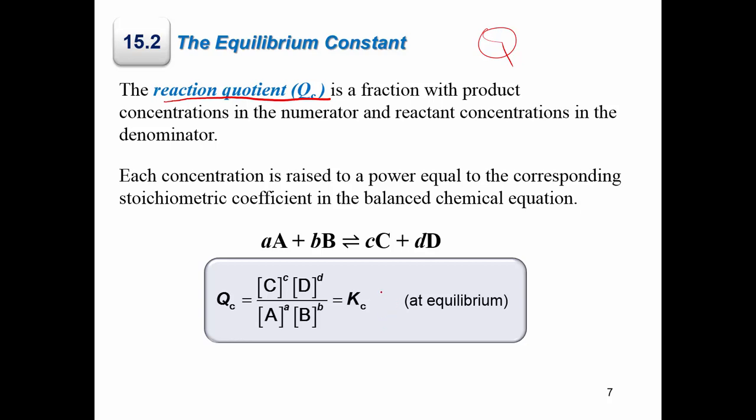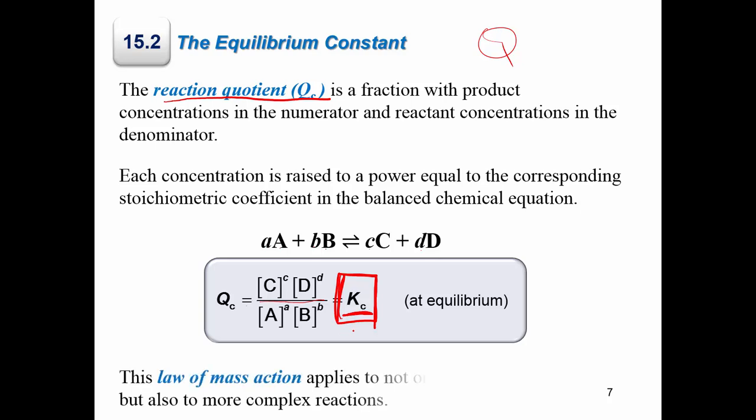All of those words mean our Q, our reaction quotient, will be equal to the concentration of each of our products raised to the power of its coefficient, divided by the concentration of each of our reactants raised to its appropriate coefficient. And that ends up being equal to a constant, Kc. K is the important function here, and we will be using a lot of K values over the next several units.